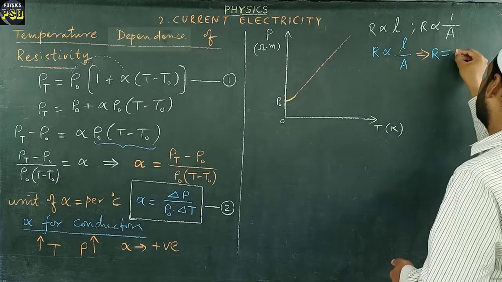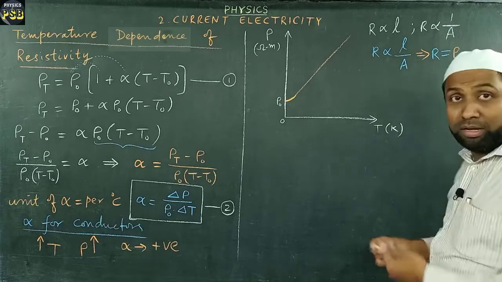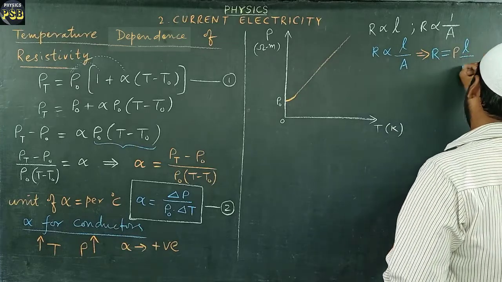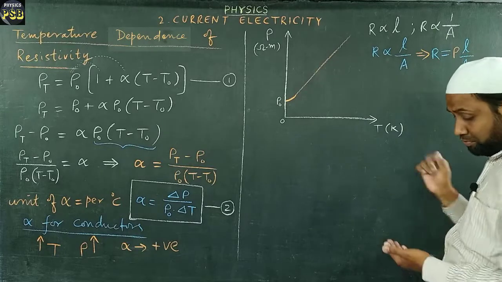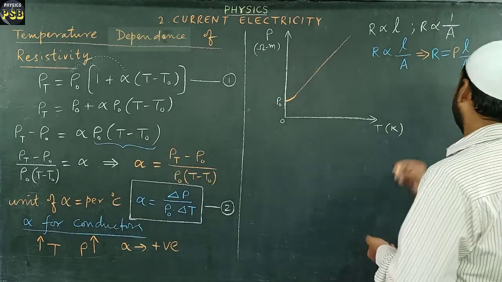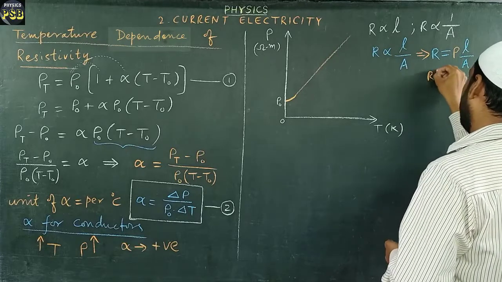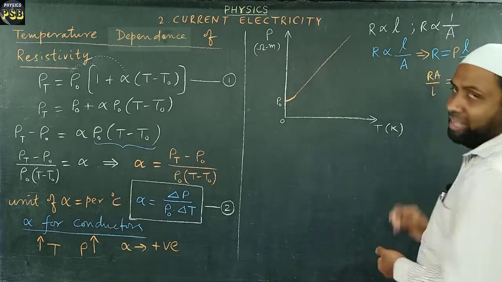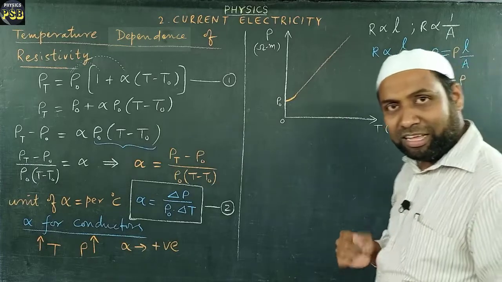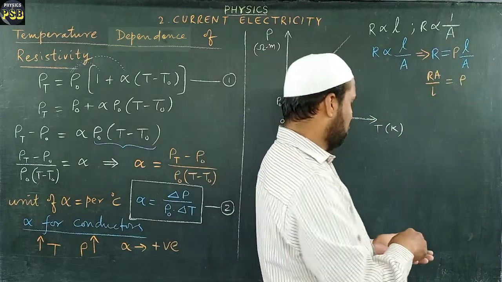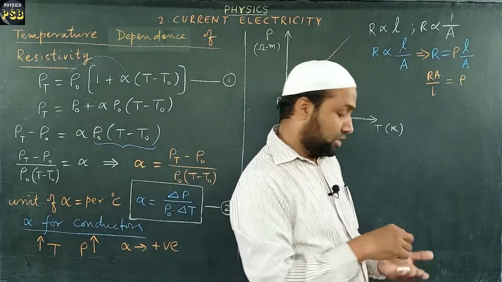That constant is rho. That is resistivity. Rho equals R into A upon L. Now, what is the area? Area is length into breadth for a rectangular object.